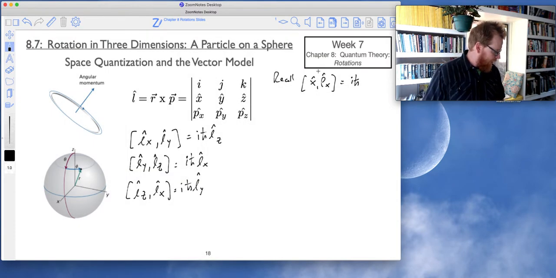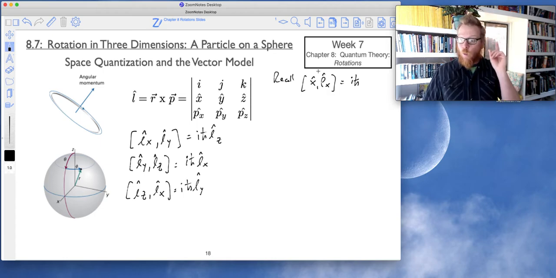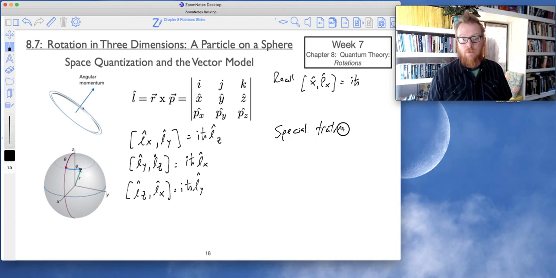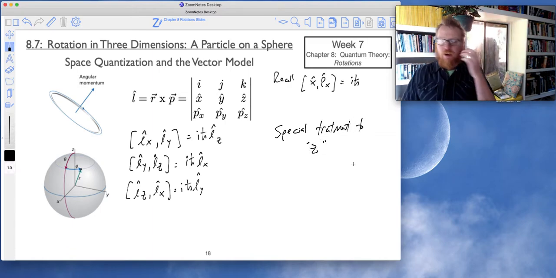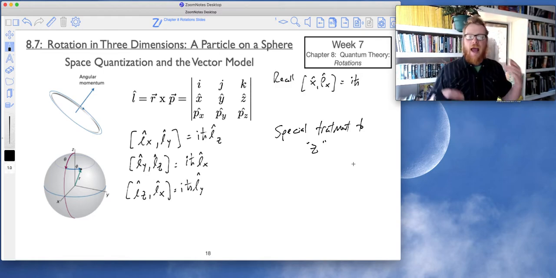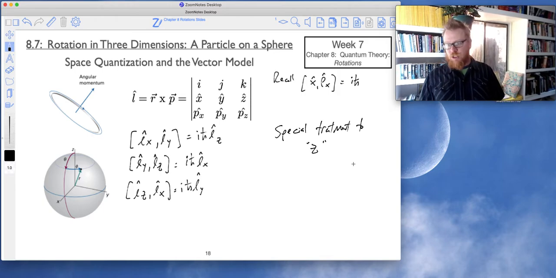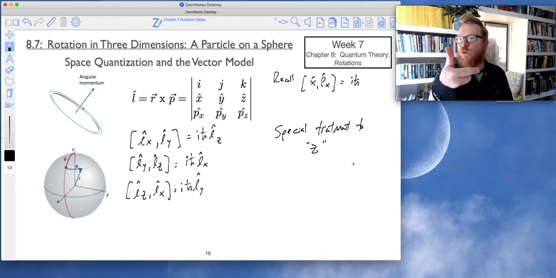Well, the answer is that if we specify one specific dimension, we're going to give special treatment to the z dimension. That's just arbitrary. We could have picked x, we could have picked y. But as we keep going down the rabbit hole in this class, we're going to give special treatment to the z dimension, based on the right-hand rule.